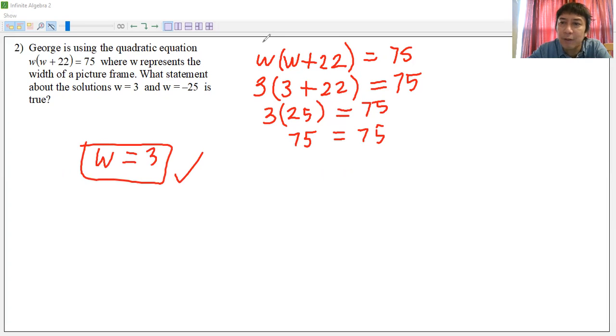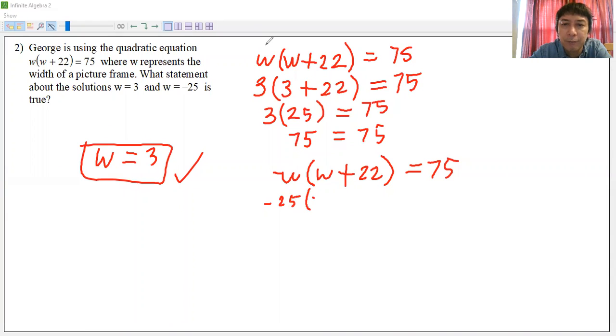How about when W equals negative 25? Okay, let's do a check. From the same equation, W times the quantity W plus 22 equals 75. We're going to use now the value negative 25 in place of W, like this. So let us substitute negative 25.